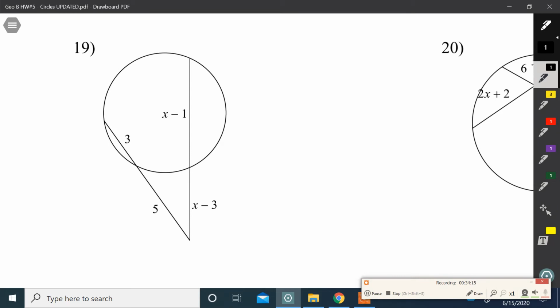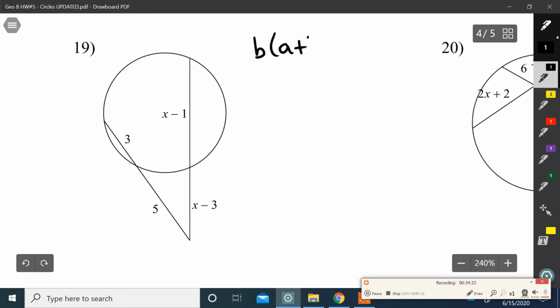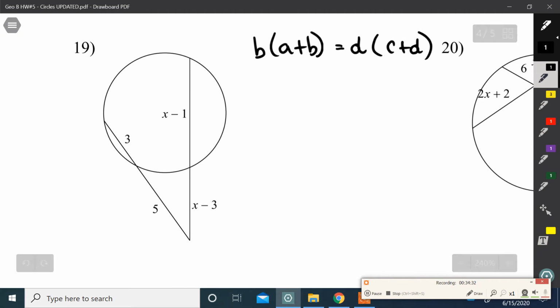I'm gonna go back to my formula sheet, and I already know this one here. It's B times A plus B is equal to D times C plus D. Okay, that is my formula, and then I'm gonna put the numbers in there and the letters.